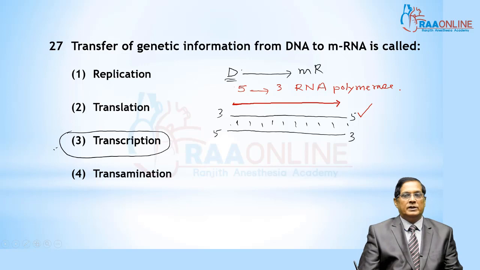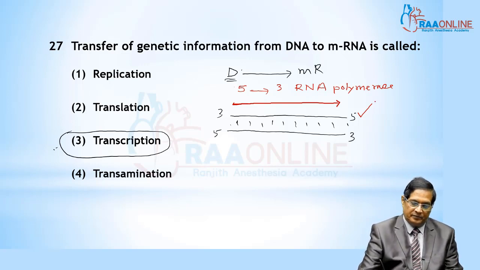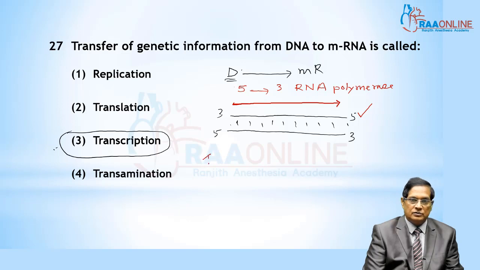RNA polymerase enzyme is required for transcription. This enzyme is also known as transcriptase, or we can say DNA dependent RNA polymerase.